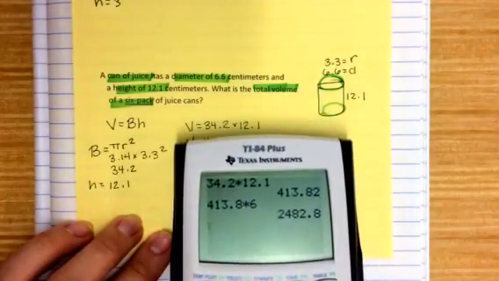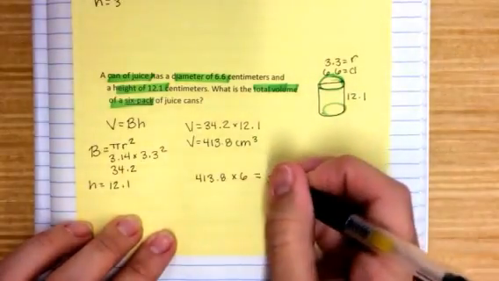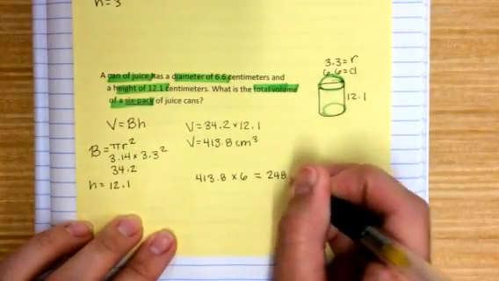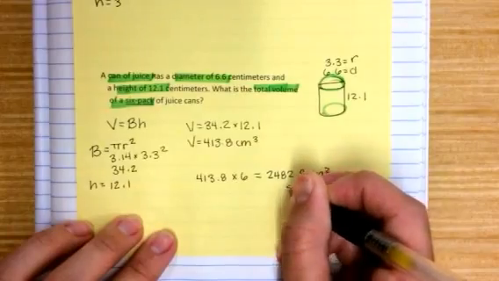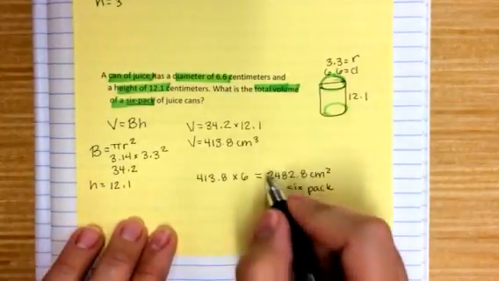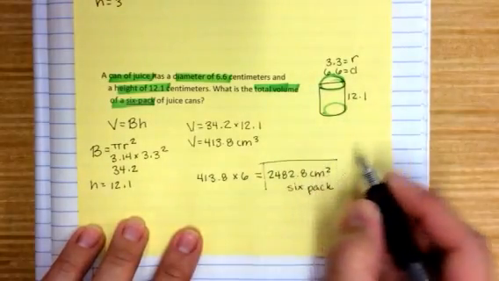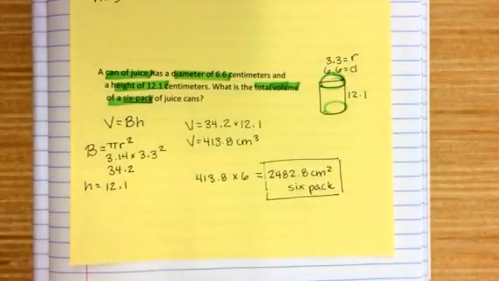And here we go. 2,482.8 centimeters cubed for a 6-pack. That's why we multiplied by 6. So this is our final answer.